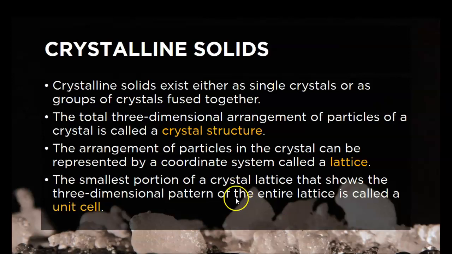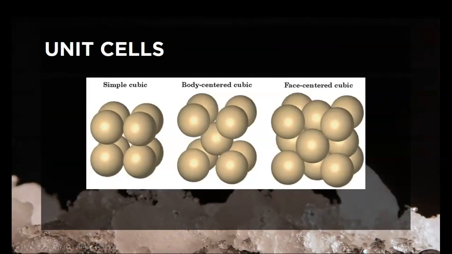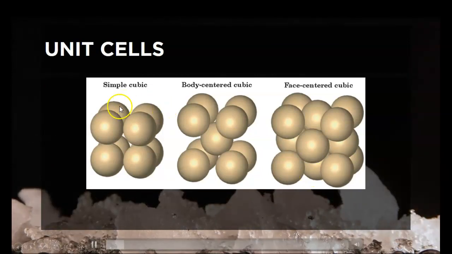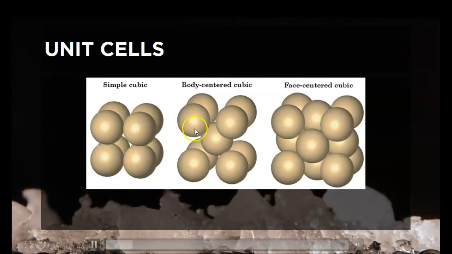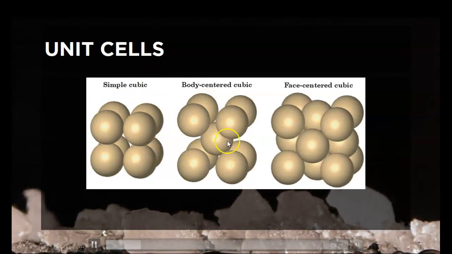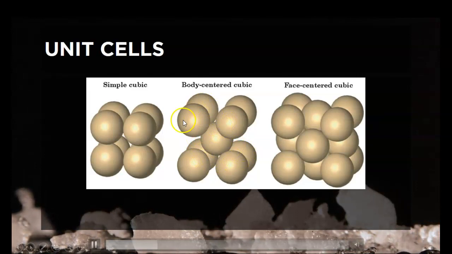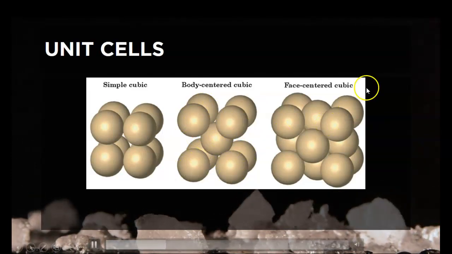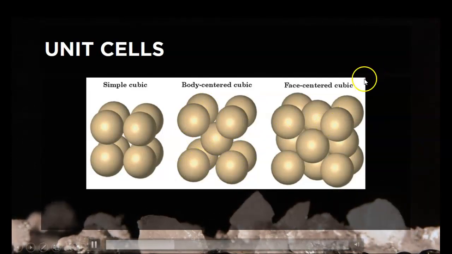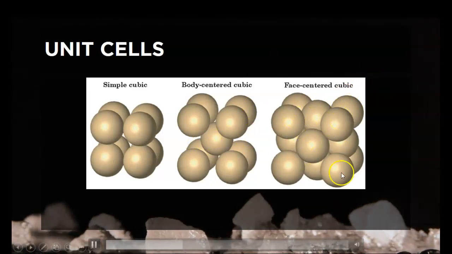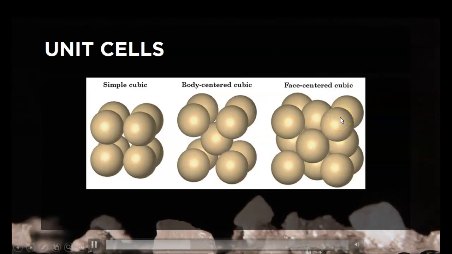And on this next page, we have some examples of unit cells. We've got a simple cubic one here. This one is still cubic, but it's body-centered, so it has a particle in the middle, and then the rest of those are still forming a cube. Then we have a little bit more complicated design, a face-centered cubic.